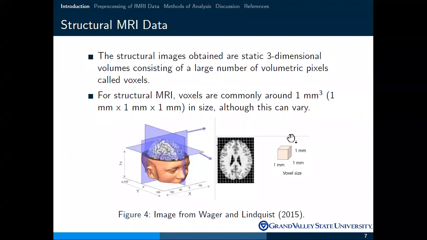For structural data, the voxels are typically 1 cubic millimeter in size. Although with increasing technology availability and improvement in scanners, they now can scan at the sub-millimeter level as well, for a finer spatial resolution of the images. So this is an example of one slice of the array, how that looks with each square representing a voxel here.